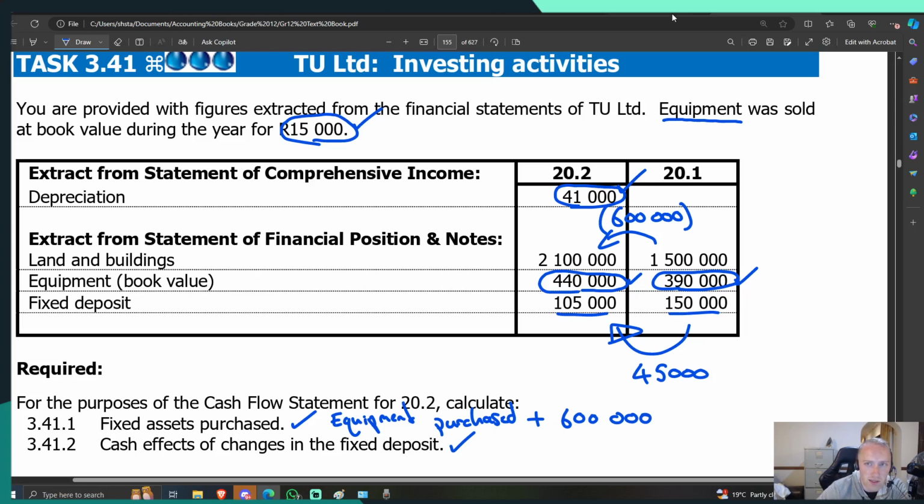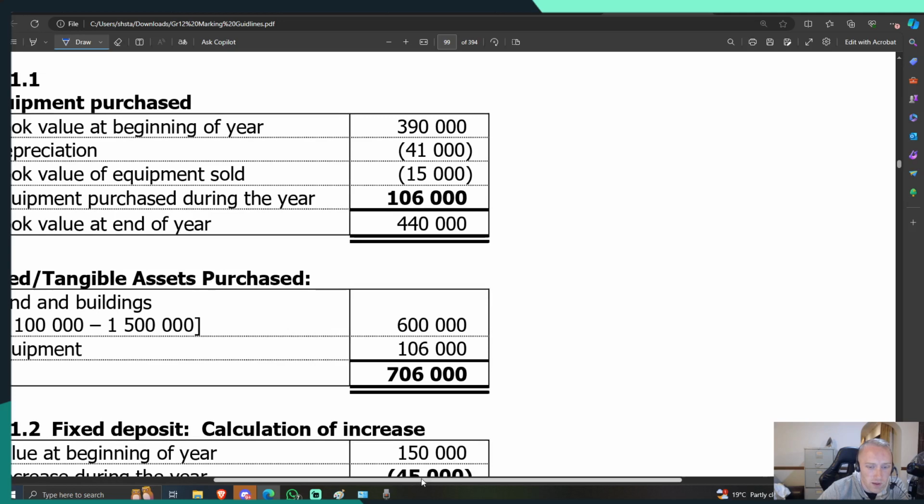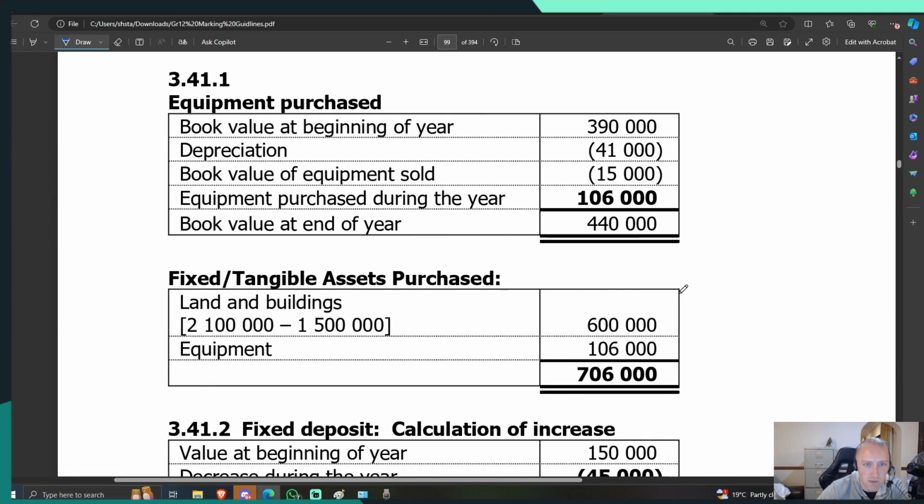Let's go to the marking guidelines, the model answer, and take a look. For the equipment, book value at end plus the disposed stuff plus the depreciation minus book value at beginning, which gives us equipment purchased during the year of 106,000.